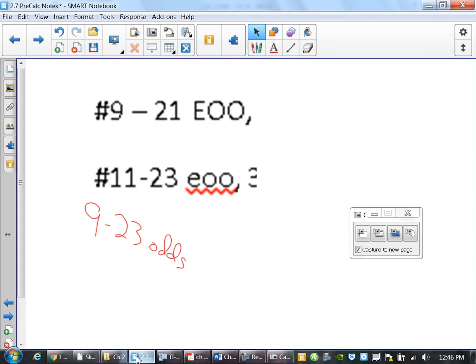We'll talk about the rational stuff tomorrow. It's not that much different, it can be a little bit weird, that's all. If you do 9 through 21 every other odd, and 11 through 23 every other odd, put them together and you do all of them.